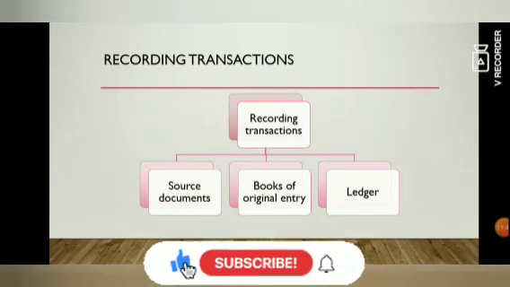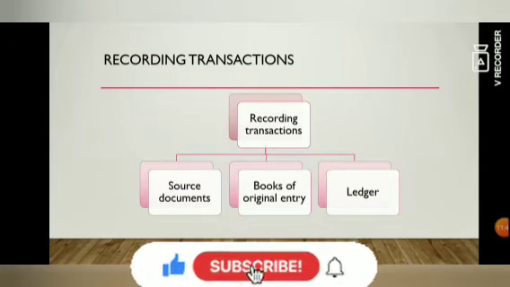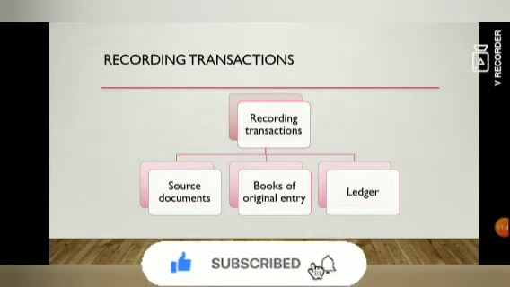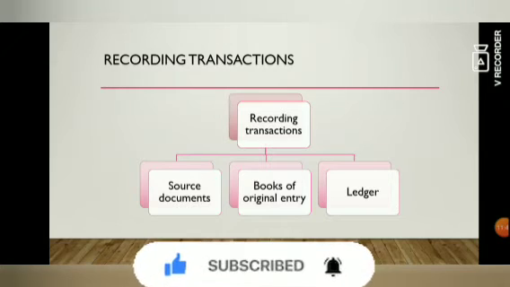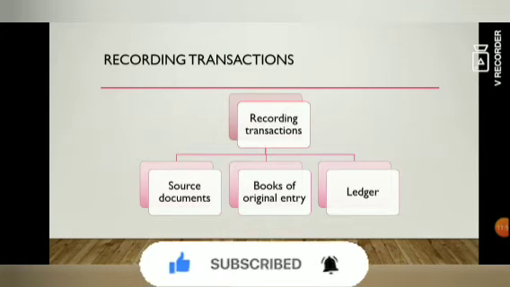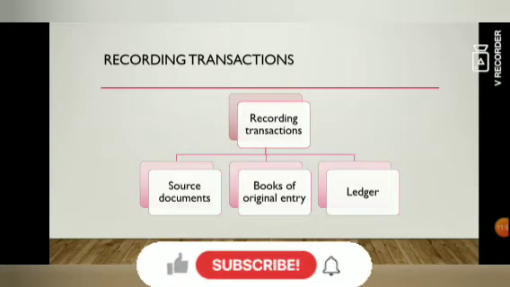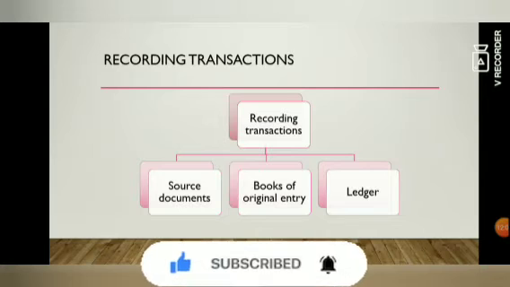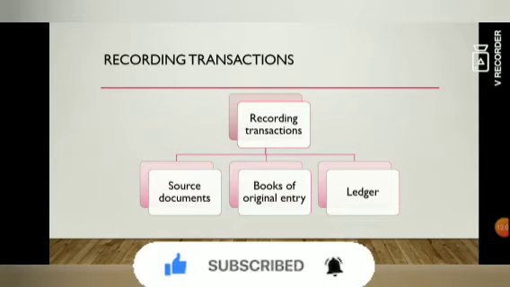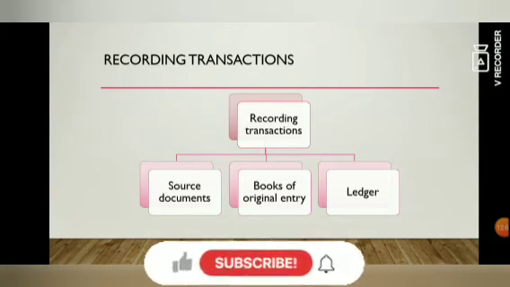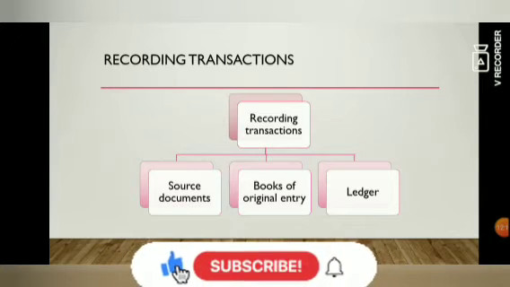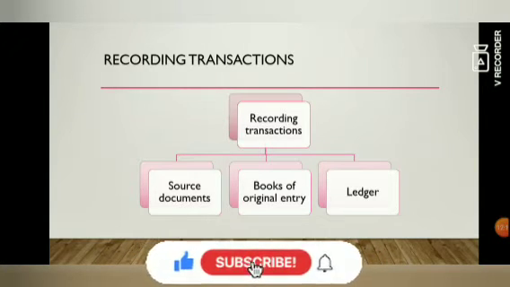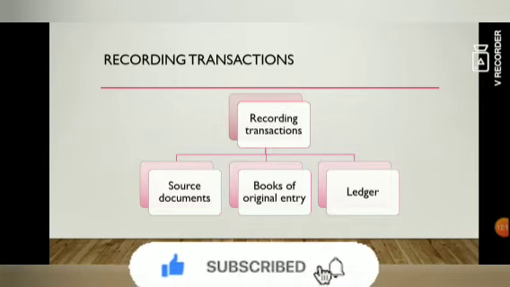And to make it even better, we have different categories of books of original entry that are directly linked with each source document, which makes the process quite easy. Once the recording process is organized in an orderly manner, it's really easy for the accounts department or the person in charge to summarize and analyze the transactions, because accounting is key for the whole business, as it is the main channel of communication for a business.